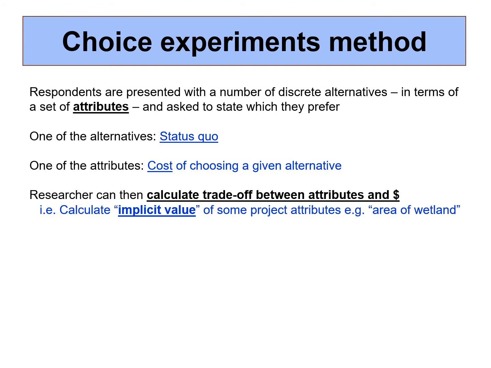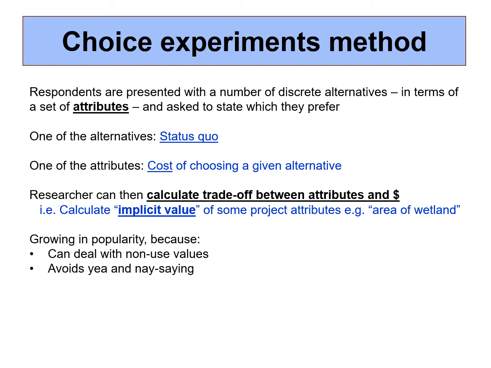So the researcher can then calculate the trade-off between attributes and the amounts that they are willing to pay for it. In other words, the researcher can calculate the implicit value of some project attributes, for instance, the area of wetland. Choice experiment has been growing in popularity because it can deal with non-use values.